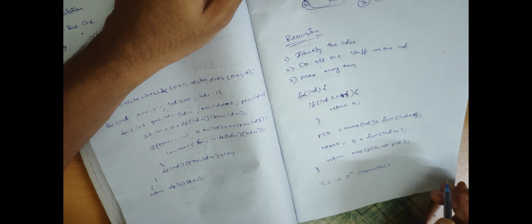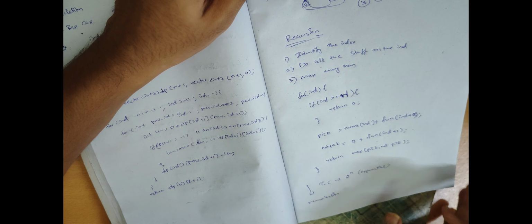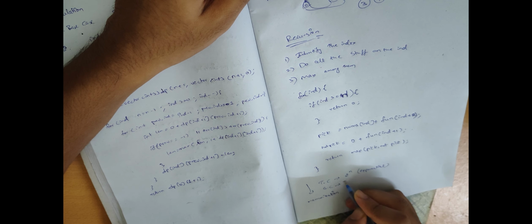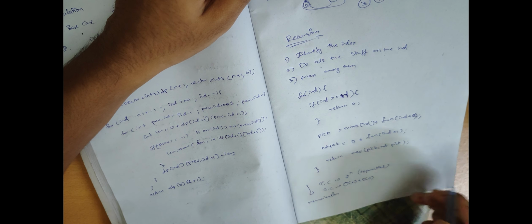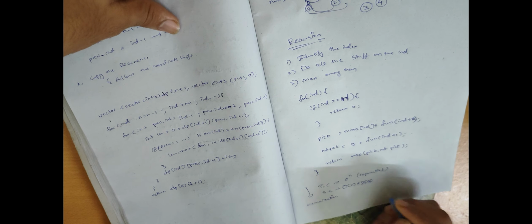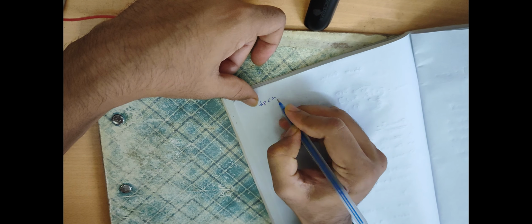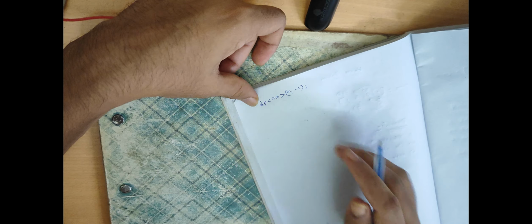So in order to reduce this, we use memoization. In space complexity, we have O of n for auxiliary stack space plus O of n for the array. For memoization, let's create an array dp of size n with -1.